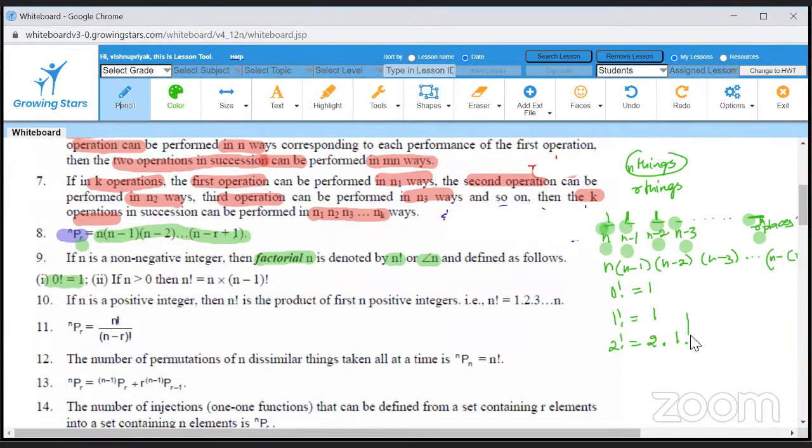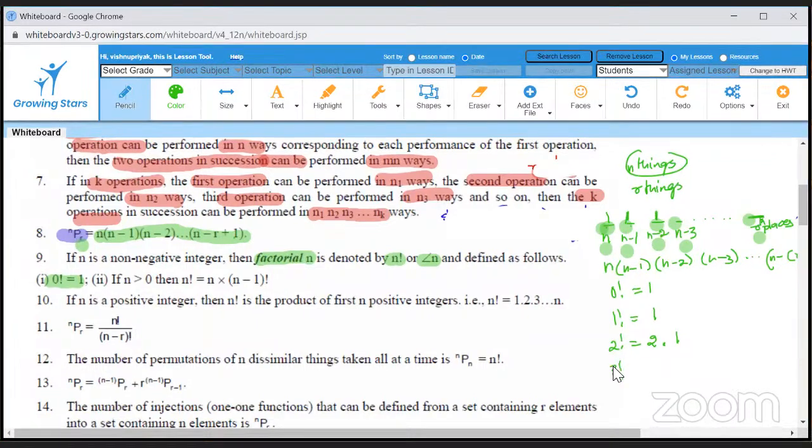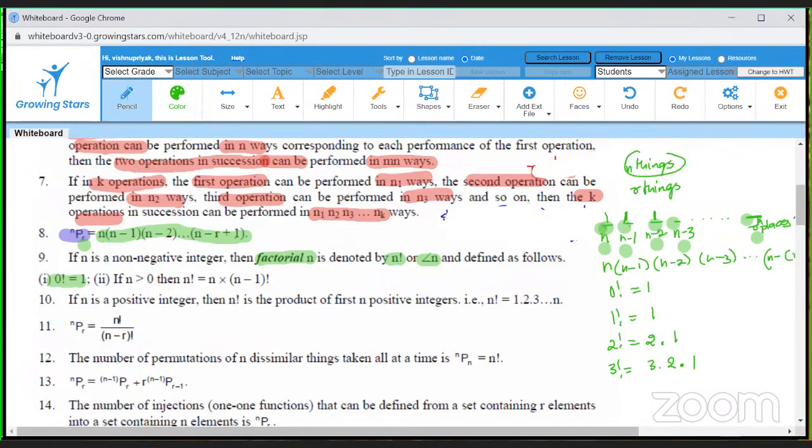You can stop here. 2 factorial means 2 into 1. If you have 3 factorial, start with 3, 3 minus 1 is 2, 2 minus 1 is 1. You can stop here. This is 3 factorial.